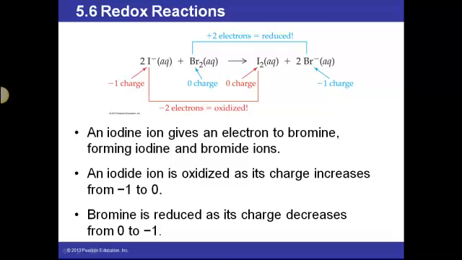So we can see a similar situation here with the bromine and the iodine. The bromine is in its elemental form, and so it is neutrally charged. Anytime you see anything in its elemental form, remember, it has the same amount of electrons and protons, and so it has to be neutral. So bromine in its elemental state is neutral.